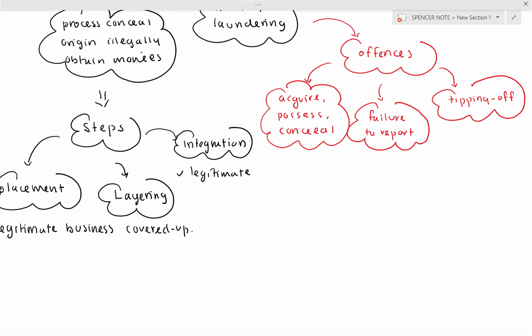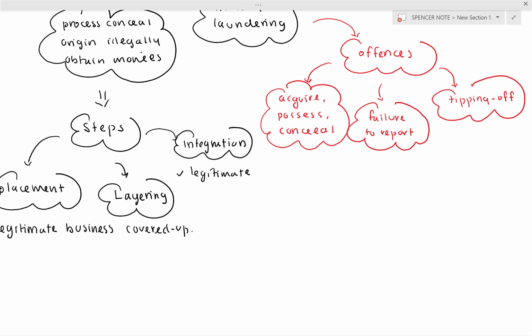But do be careful, because if an auditor discourages a client from doing illegal work, that is not deemed an offense. Discouraging a client from being involved in illegal activity and tipping off are two separate matters.